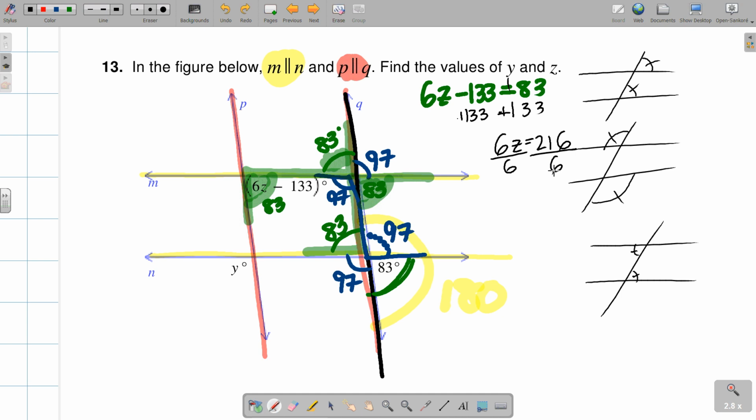I know 6 goes into 21 3 times. 3 left over. 6 goes into 36 6 times. So our Z here equals 36.